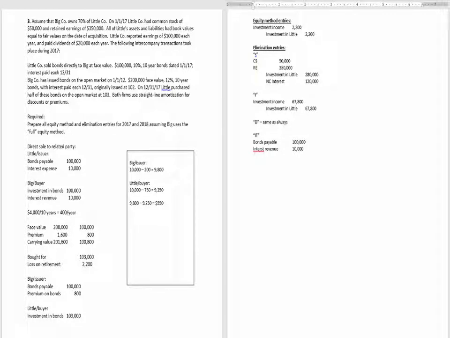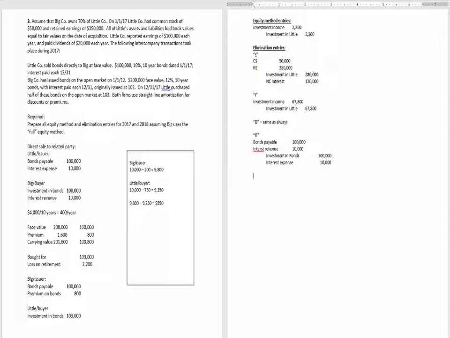And that's going to be matched by eliminating the investment in bonds for this $100,000 and the interest expense for $10,000. Okay, and again, that's going to be the same entry year after year after year for as long as the bonds are outstanding.